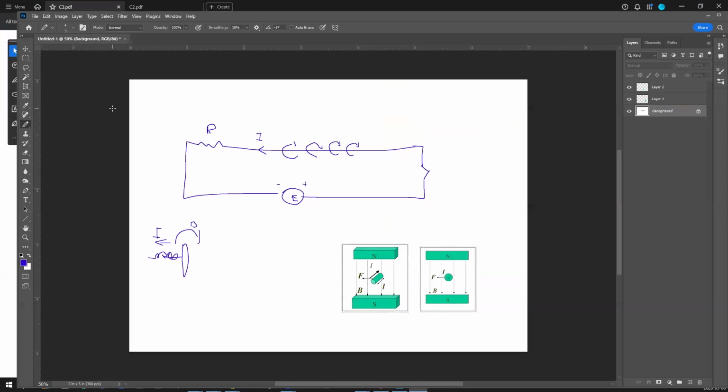If we put a couple of permanent magnetic bars, let's say here, I'm just going to draw some new ones.